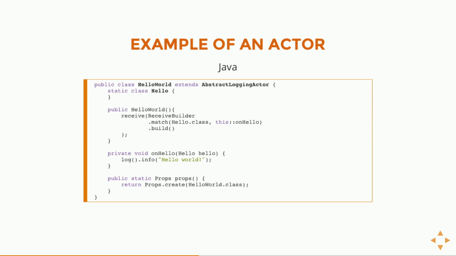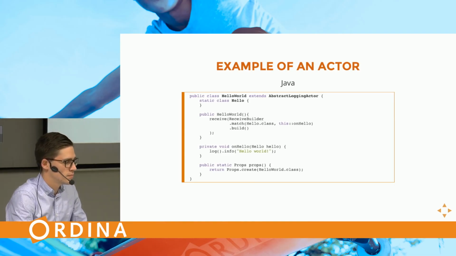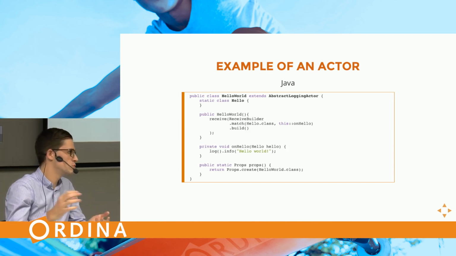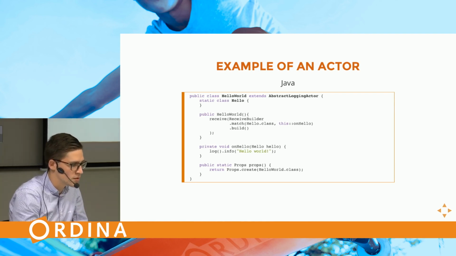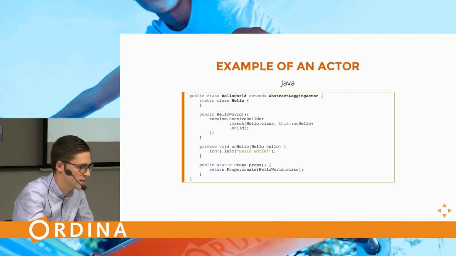And afterwards, the build method is invoked from the ReceiveBuilder. And by writing this code, we basically tell the actor that if it would receive a Hello message, it needs to invoke the onHello method, and the onHello method is just defined underneath it.